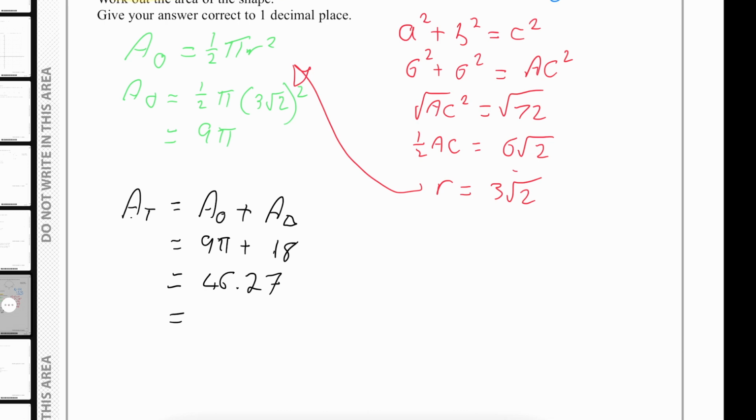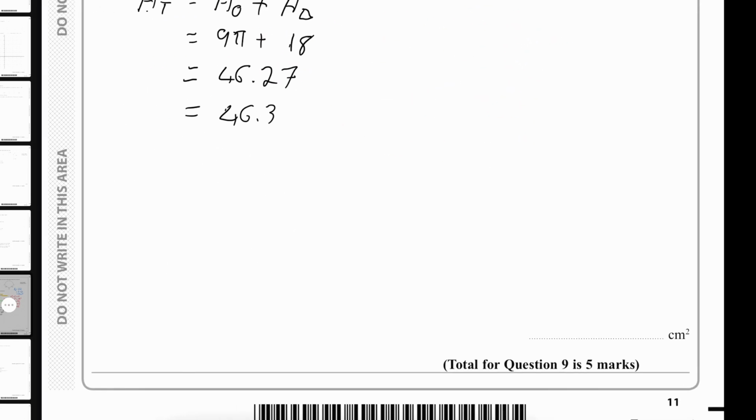And then we just need to remember right in the beginning, they told us that we needed to work with 1 decimal place. So we just round that off and it becomes 46.3. And when writing it on the line, it has our centimeters squared there for us.